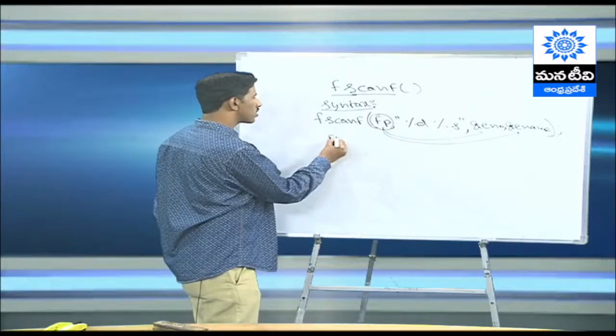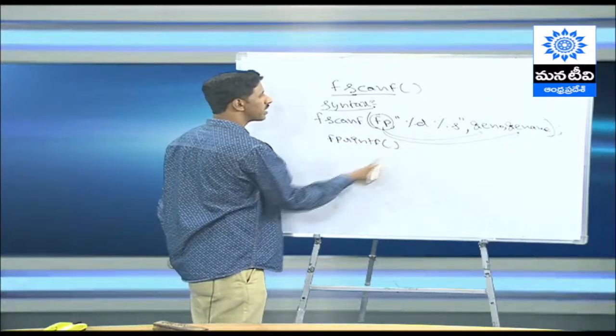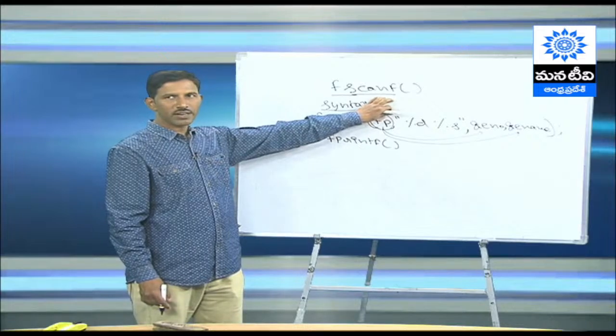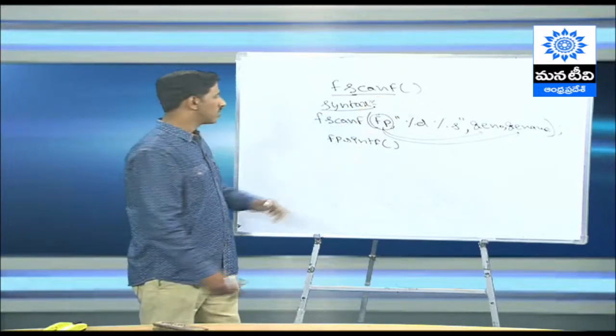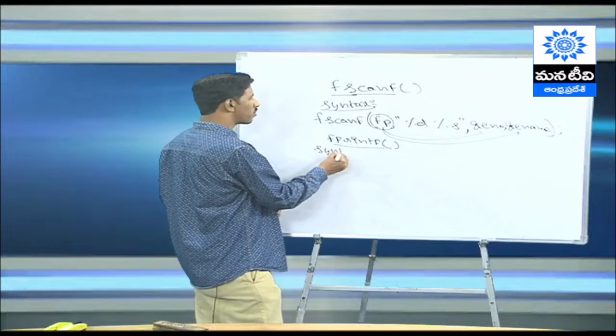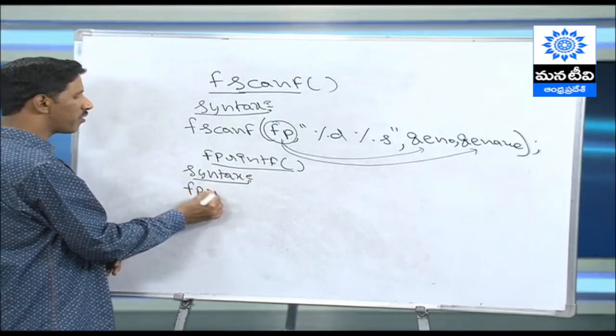What is one more function you have? fprintf. Now this is for fscanf, to read the data from the files. fprintf is file printf. How does file printf work? What is the syntax of fprintf?